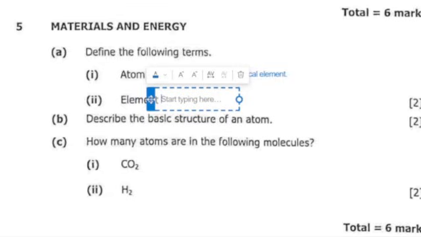An element is a substance made of one type of atom. That is an element if it is made of one type of atom.